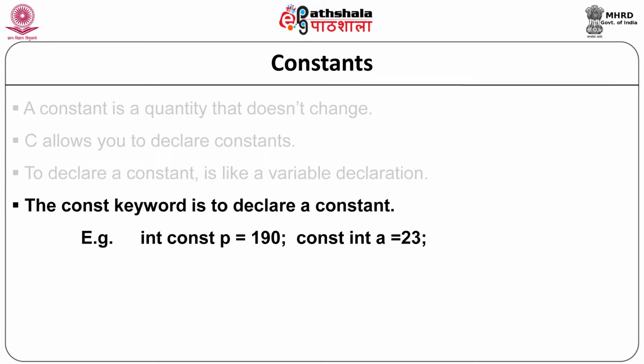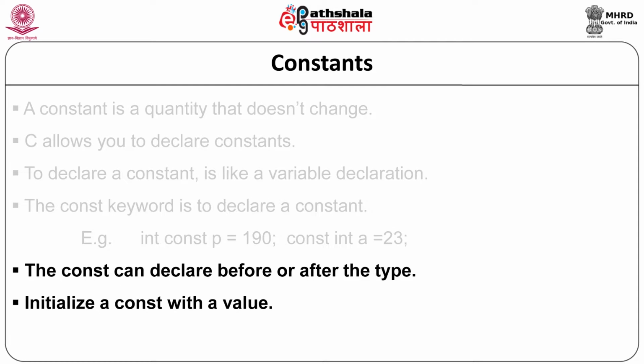The const keyword is used to declare a constant, like const int p equal to 190 or int const a equal to 23. The constant can be declared before or after the type. Initialize a constant with a value.